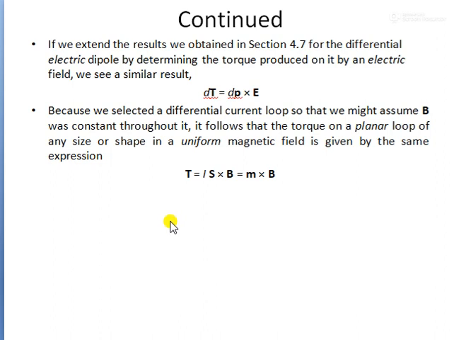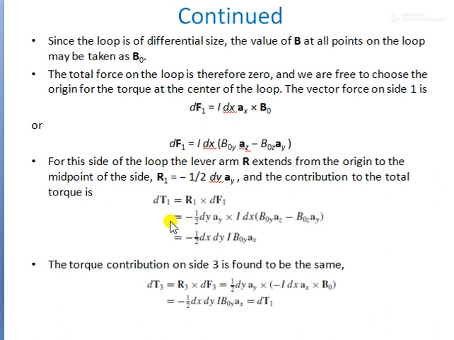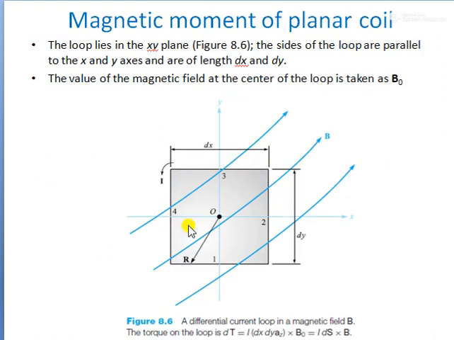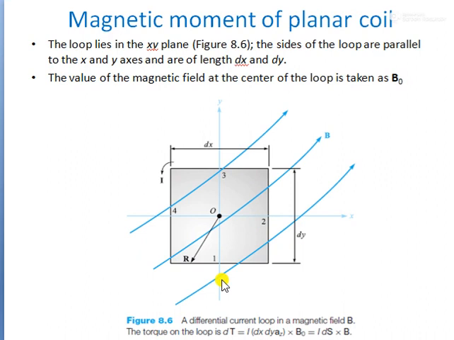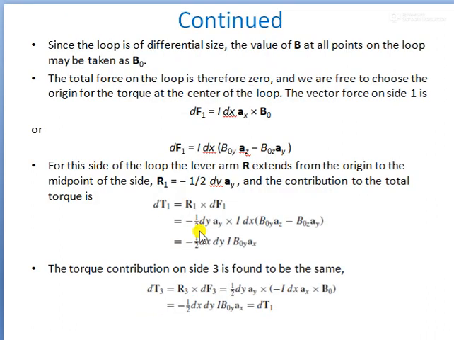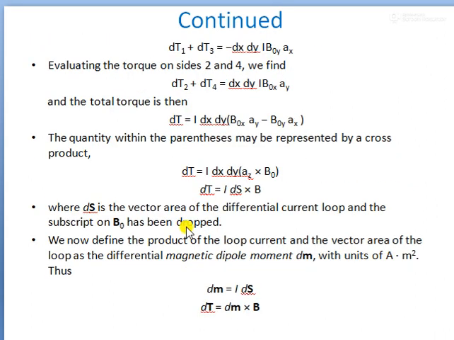There is a need to consider this differential current loop, and around it we have to find the torque due to sides 1 and 3, which will be the same, and the torque due to sides 2 and 4, which are also the same. We have obtained dT1 and dT3, both the same, and dT1 plus dT3 is added here.